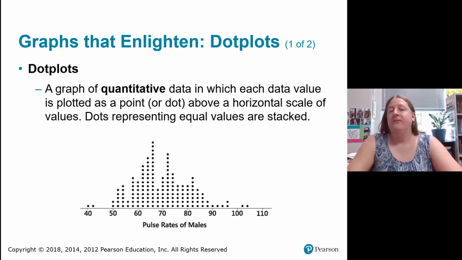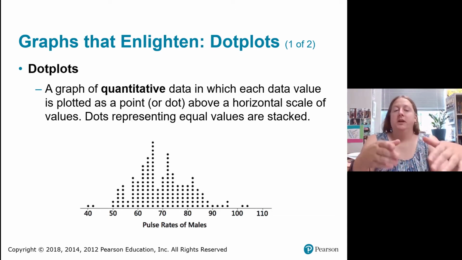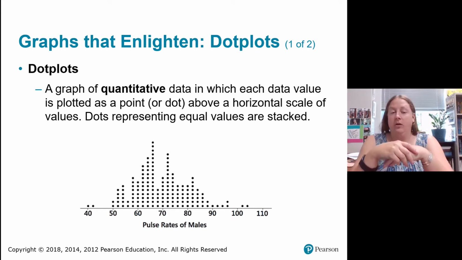So the first type of graph that can be incredibly enlightening is a dot plot. A dot plot is a graph of quantitative data where each value is plotted as a point above the horizontal axis, and the dots are stacked up on top of each other if they represent the same value. So a dot above 70 on this dot plot represents a pulse rate of 70.